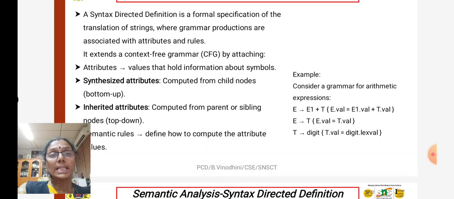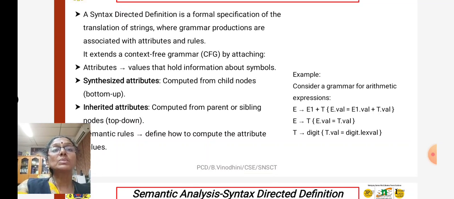The syntax directed definition is a formal specification of the translation of strings. There is a difference between syntax directed translation and definition. The definition contains only the grammar productions associated with attributes and rules, while the translation scheme describes how it can be implemented, given in the translation rules.